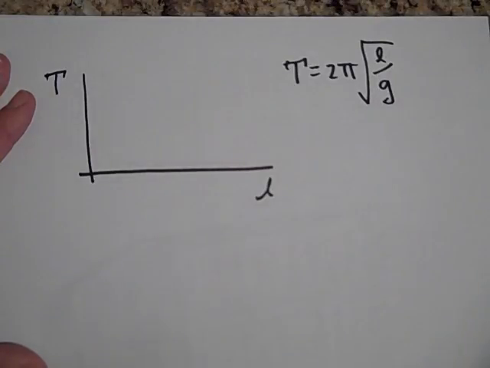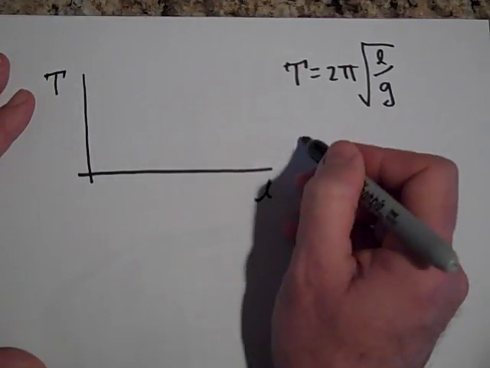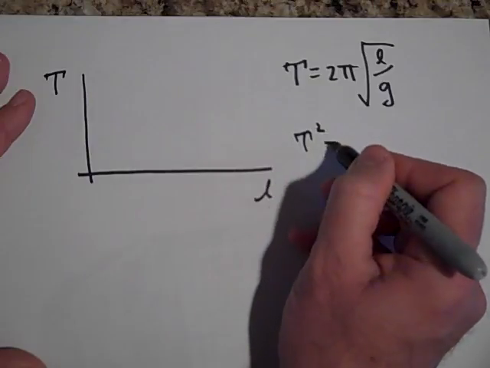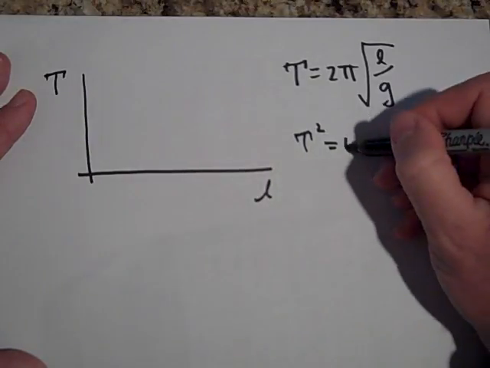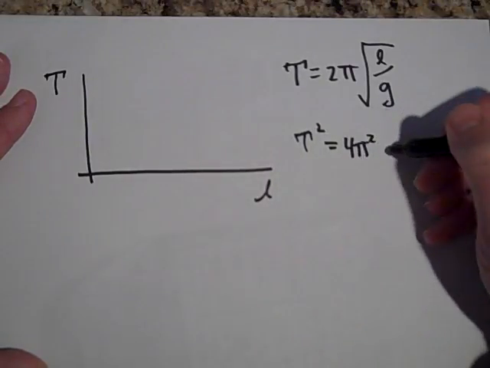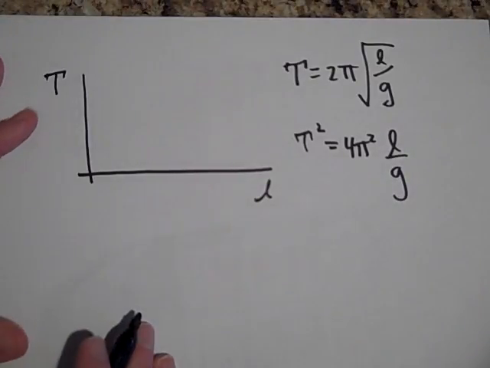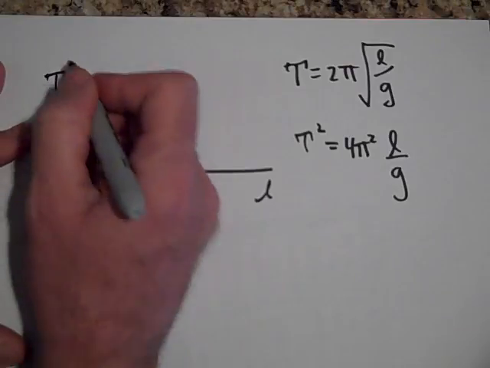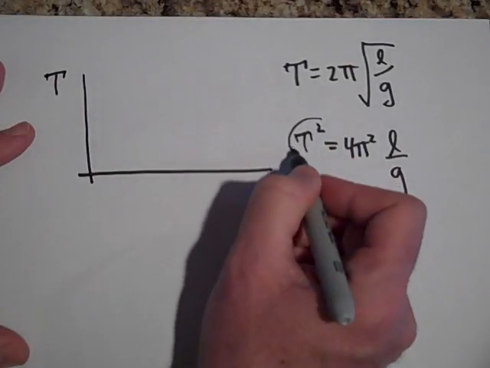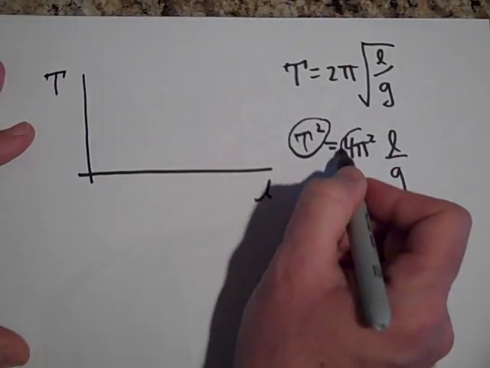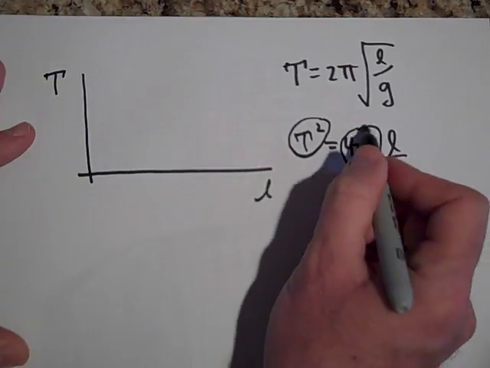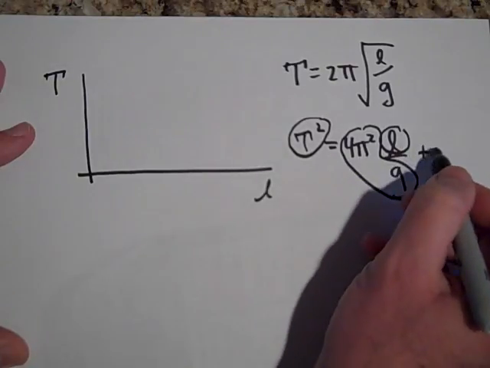That's for a simple pendulum. Let me square both sides, so T squared is equal to 4 pi squared times L over g. Oh, so I would want to plot T squared. See how this would be our y, equals mx plus b.